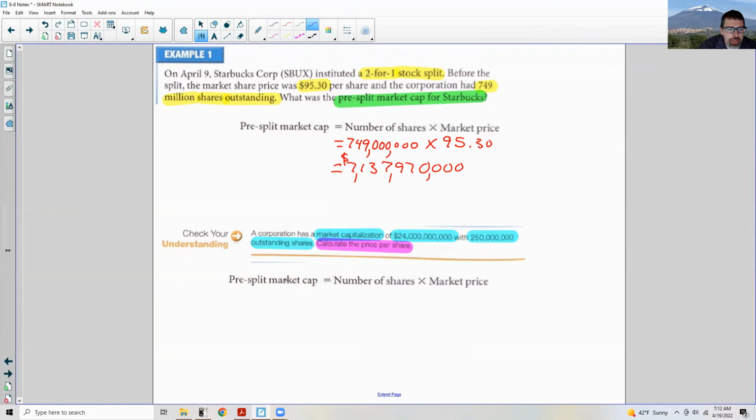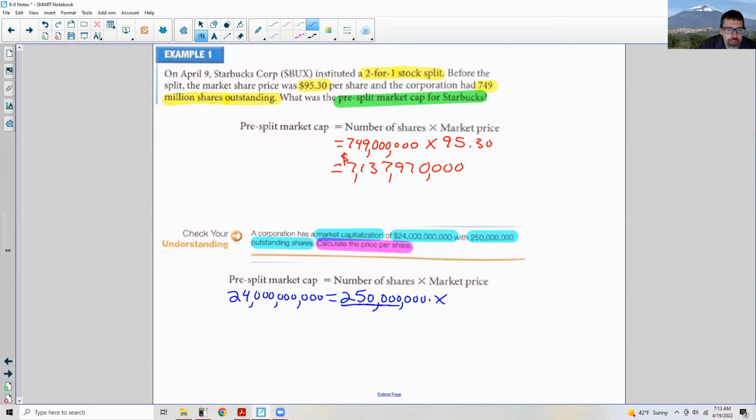The market capitalization, 24 billion, equals number of shares, 250 million, times market price. I'm just going to call that X, since we don't know the market price.